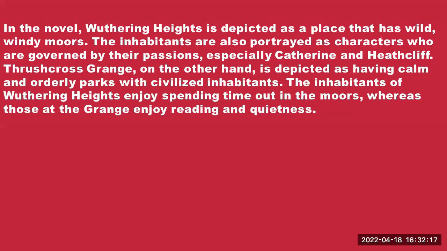The environment is presented as wild and windy, and the inhabitants are also portrayed as characters governed by their passions, especially Catherine and Heathcliff. On the other hand, Thrushcross Grange is depicted as having calm and orderly parks with civilized inhabitants.